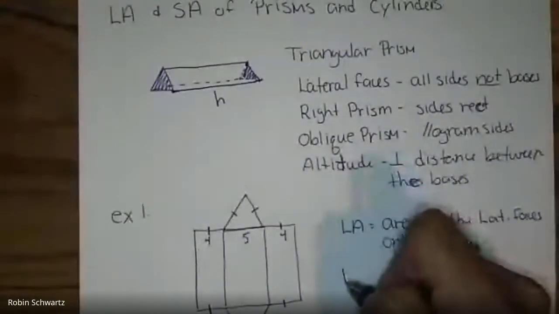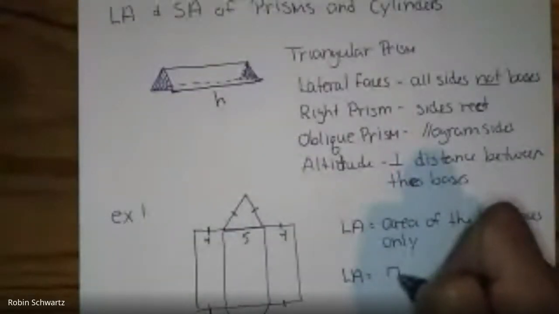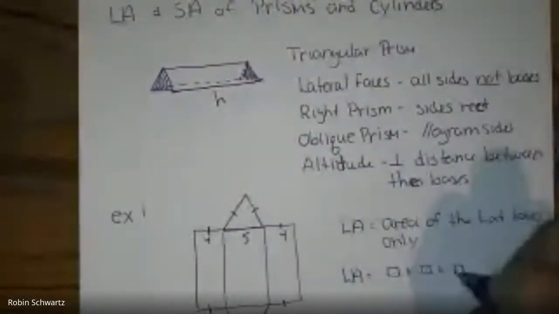So the LA here would be rectangle plus rectangle plus rectangle, base times height plus base times height plus base times height. Just the rectangles. So this first rectangle is a 4 by 5.